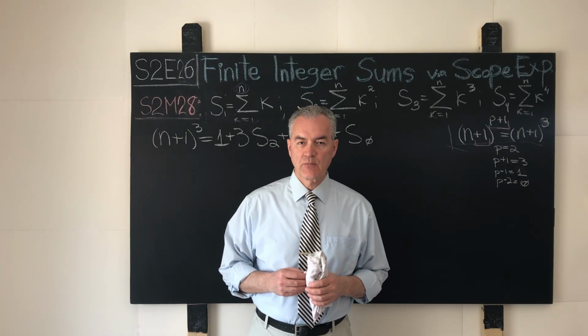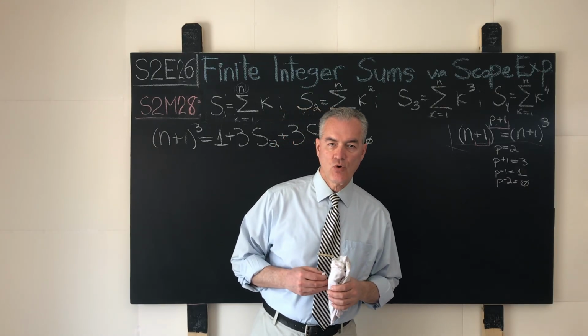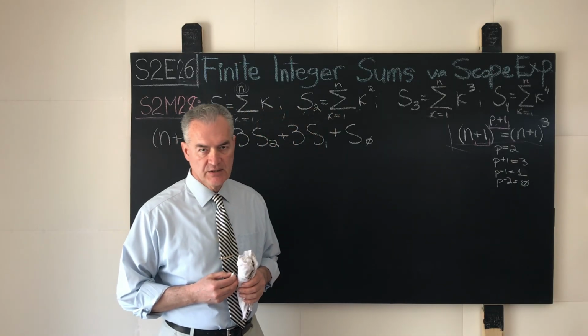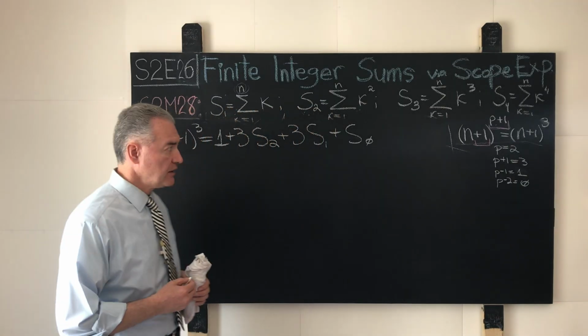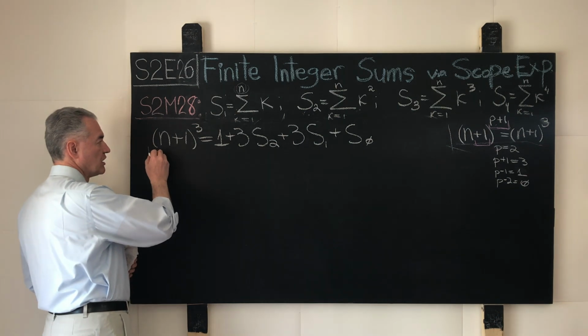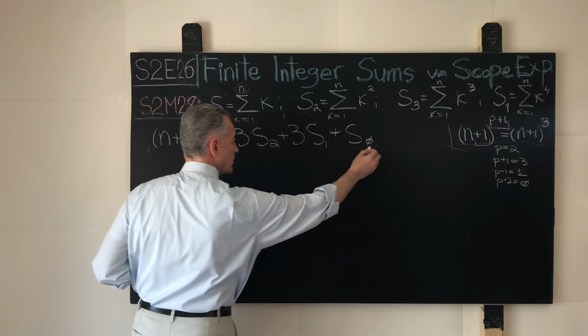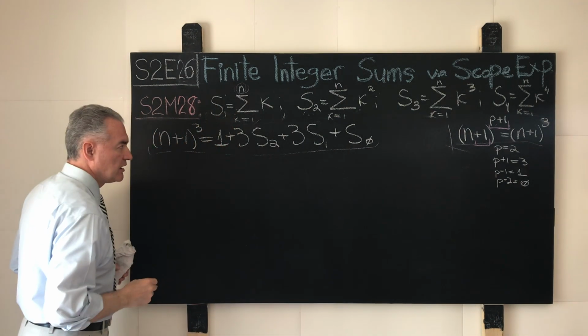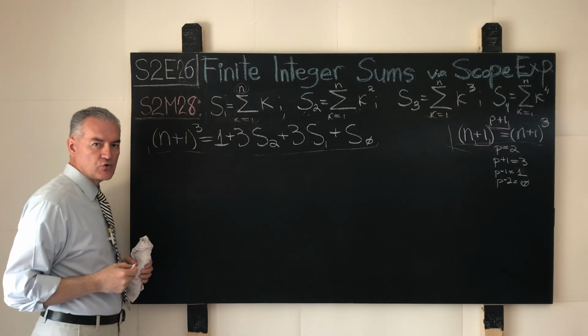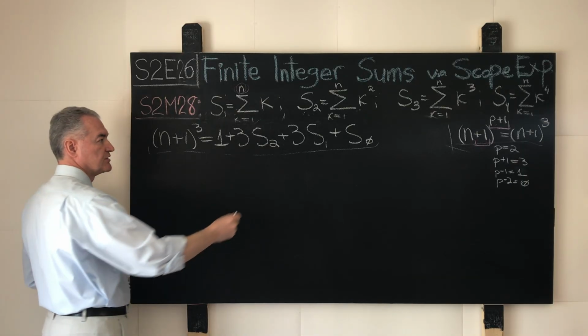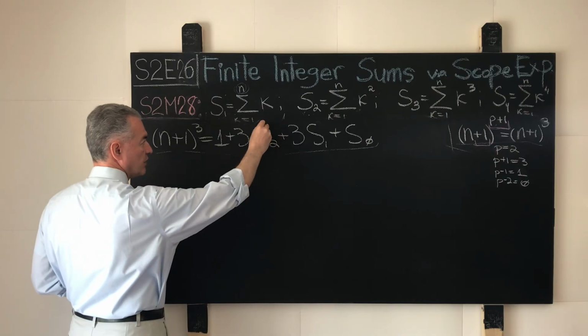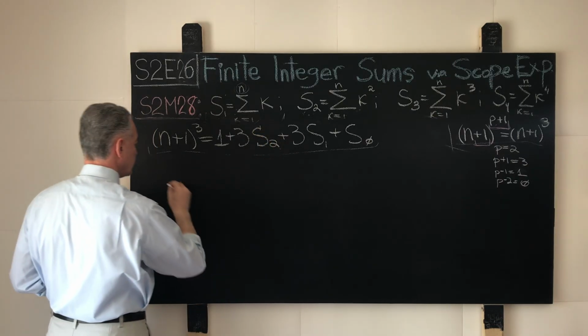Good stuff. In this segment, we will bring the final computation home for the finite integer power sum S2, and we all understand where this equation comes from. And now, according to step number 4 of our algorithm, all we have to do is isolate S2 and solve this equation for the sum S2.